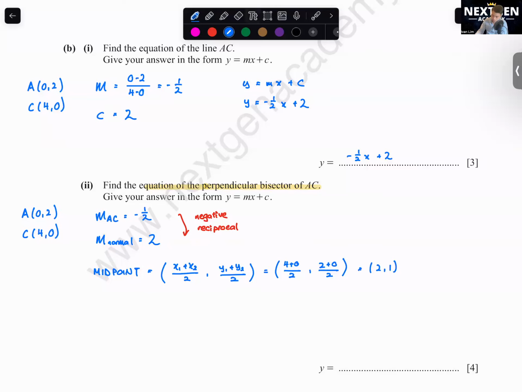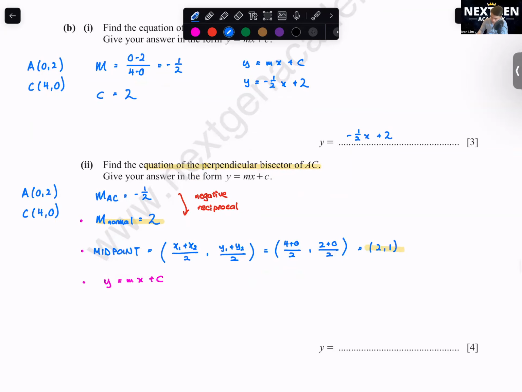Okay, so now I'm going to use these two. Gradient 2 and then this 2, 1. I'm going to put into y equals mx plus c to find the value of c. So 1 equals to 2 times 2 plus c. C is equals to negative 3.